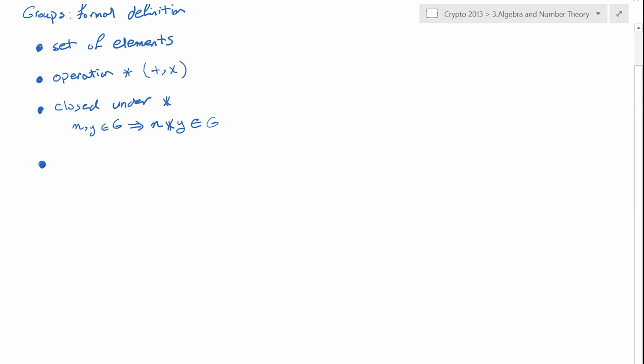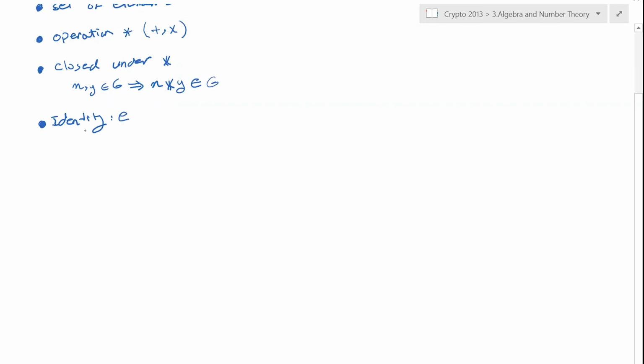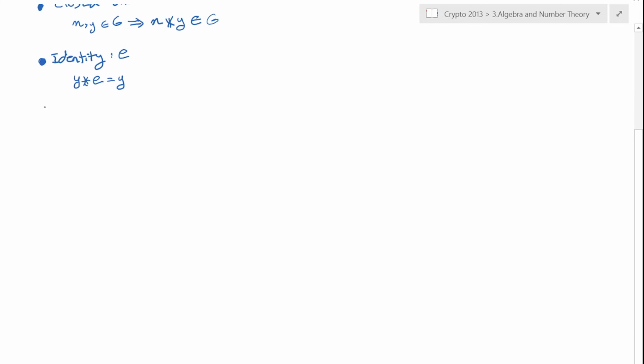The next thing is the identity element. We said that we normally show it with E. So the identity element is an element such that if you take any Y and you asterisk it with E, you get this Y back, right? And then we have inverses.